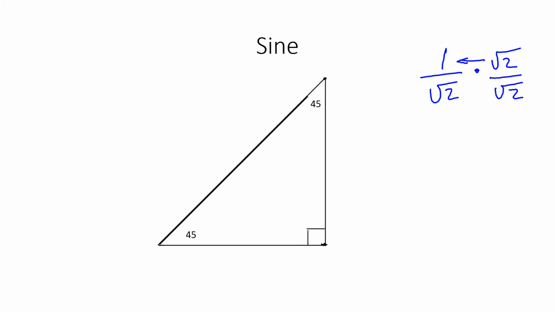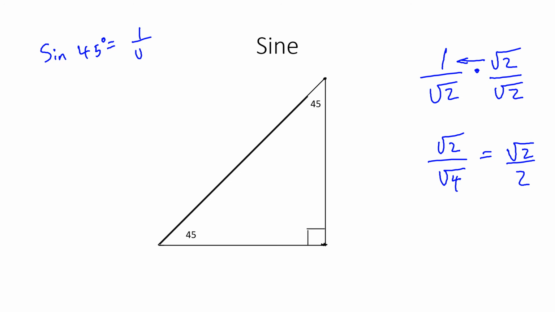So 1 times square root of 2 is square root of 2. Square root of 2 times square root of 2 is square root of 4, and we already know that's basically just 2. So what we know is that the sine of 45 degrees is 1 over square root of 2, like we said, but it can also be written as square root of 2 over 2.